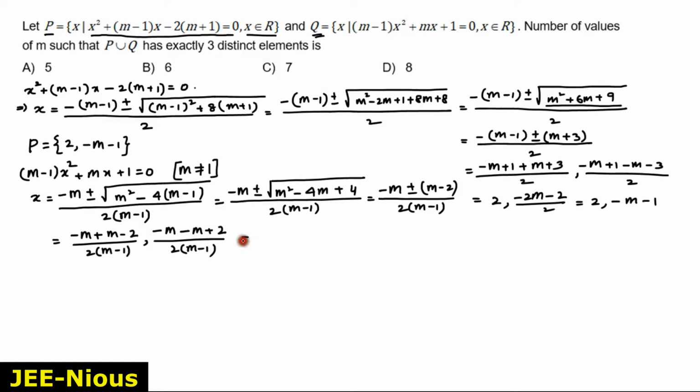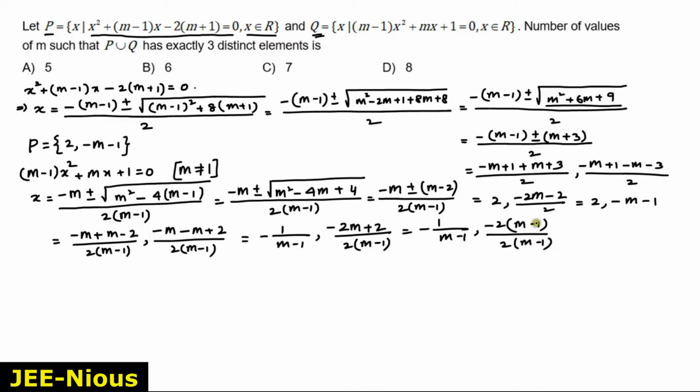So we are having minus 1 by m minus 1 as a first root, and the second root will be, in the numerator we are having minus 2m plus 2 divided by 2 times m minus 1. So if I take minus 2 common, we will have m minus 1 divided by 2 times m minus 1.